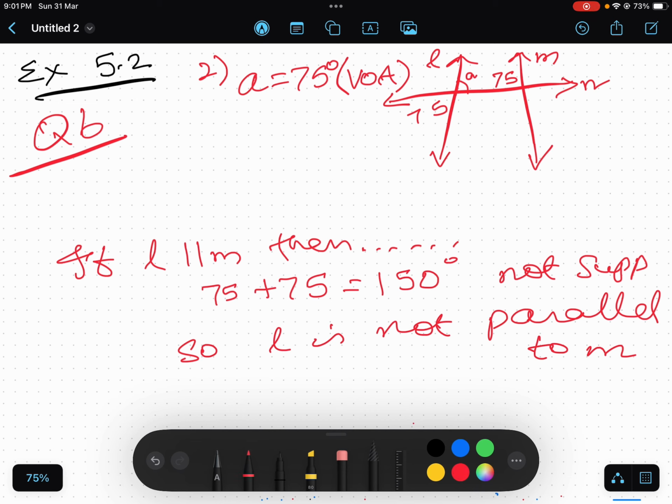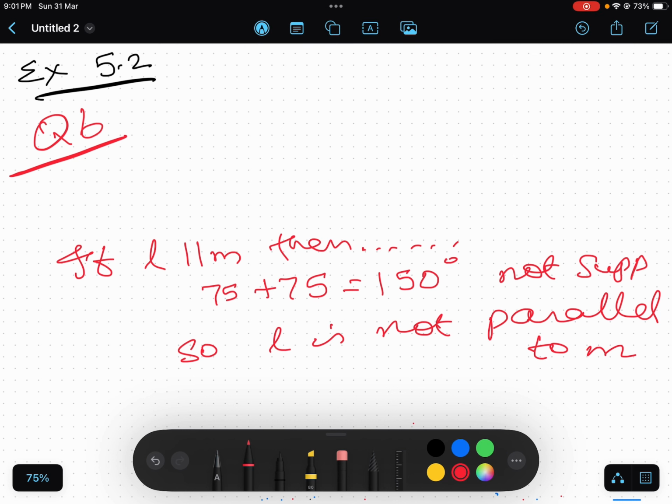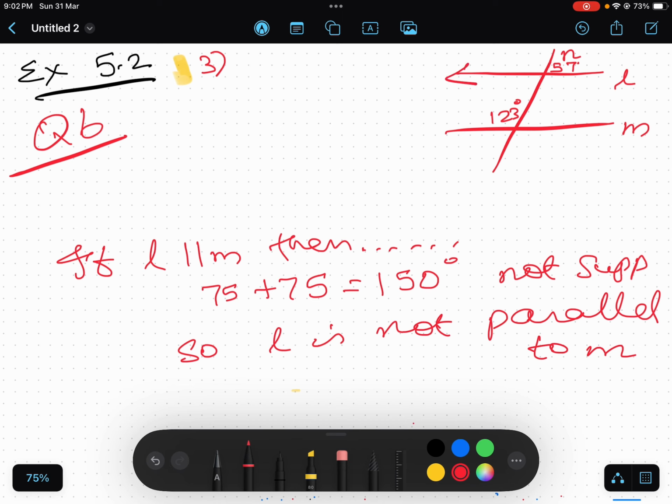Now let us go to part 3. So part 3 is, they have given the figure like this, and then there is a transversal here, L, M, this is N, this is 57 degrees, this is 123 degrees, and then just put lines.